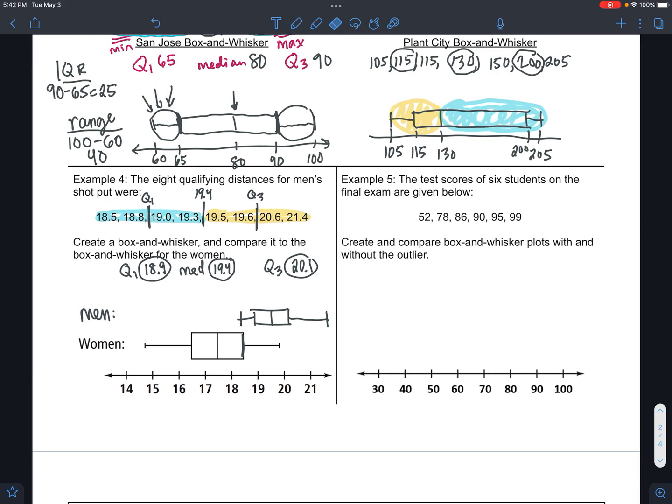And of course, with more data points, with more qualifying distances over the years, we maybe could have an even better understanding to see if there were maybe some women who beat all the men's scores one year, or other things. But we have a small snapshot, so that's all we can do.